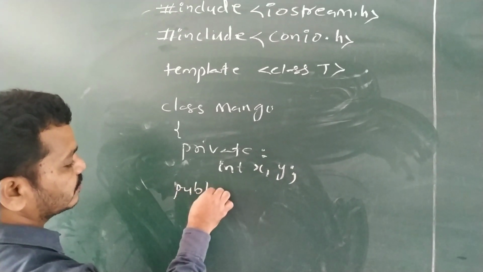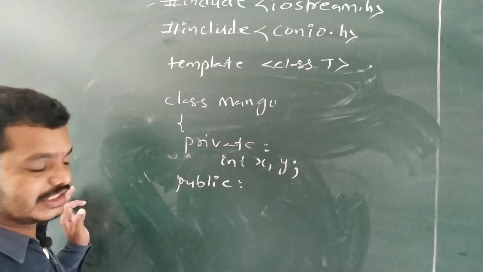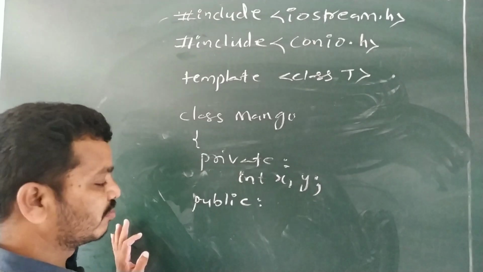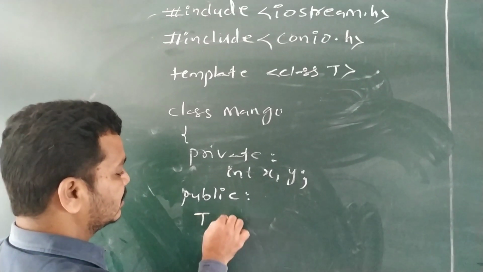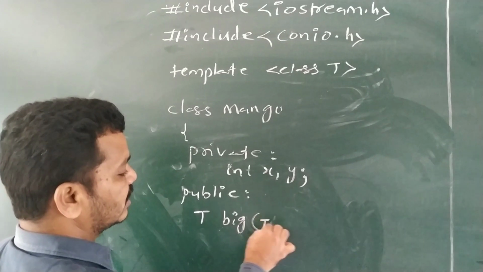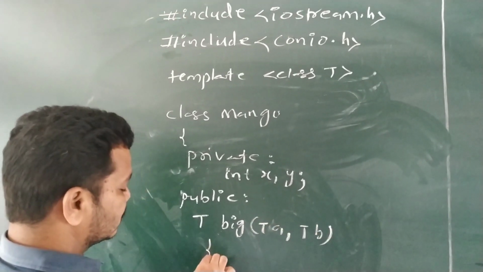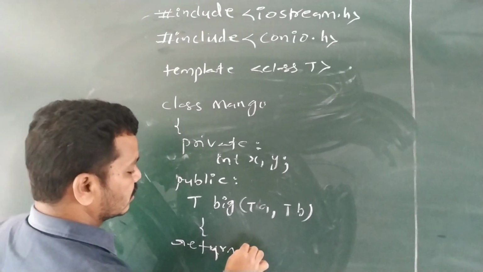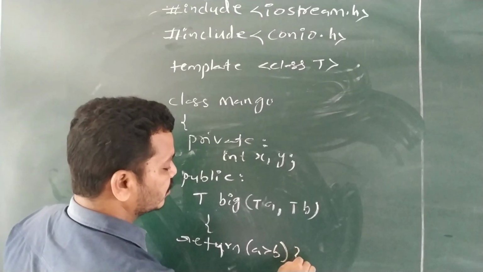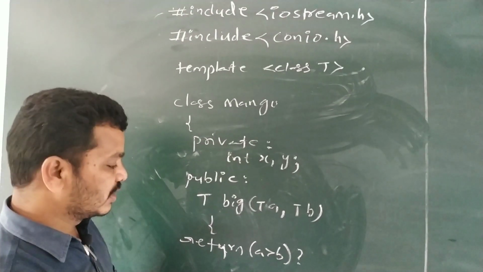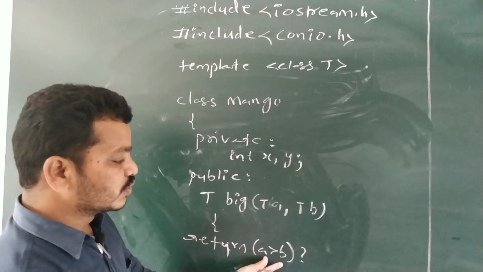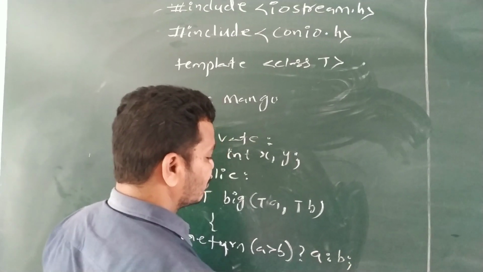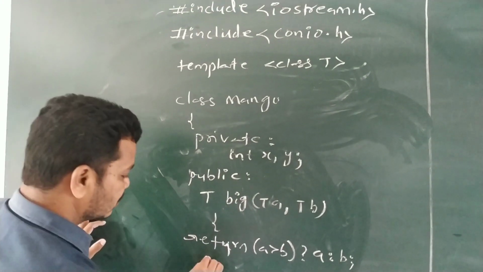Then in public I'm going to declare a function, big, to find the big number given two numbers. When we give two numbers, T big, T a, T b. Now the return: a greater than b. I am going to use a conditional statement here. If it is true, then a is the big value, otherwise b is the big value. Then this is closed.